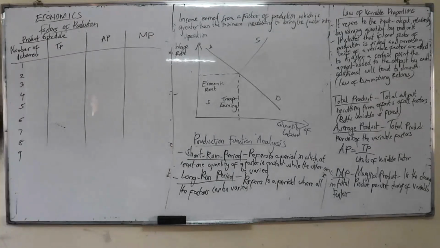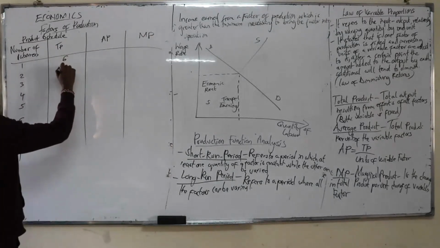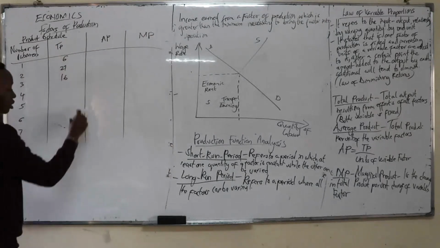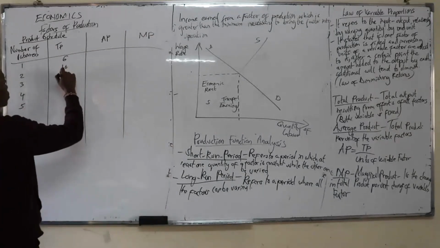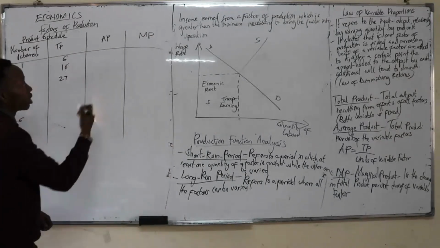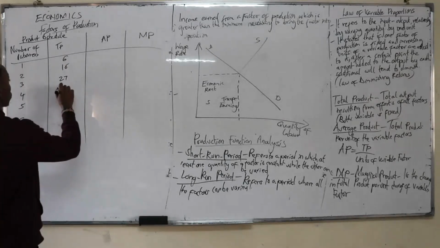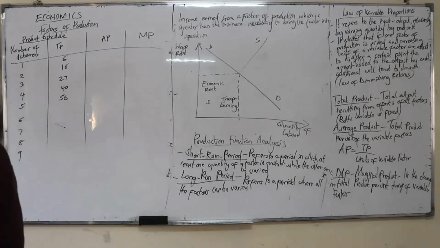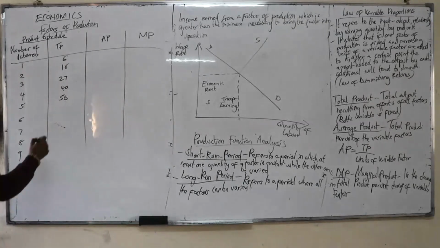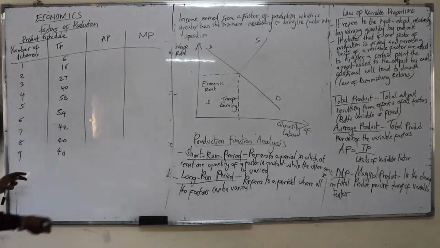And then you assign certain values to the total product: 6, 16, 27, such that it increases at an increasing rate, and then it starts to decline at some point. So 40, 50, 54, 42, then 40, like that.